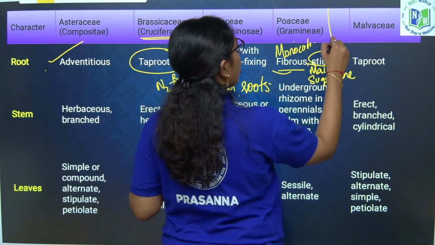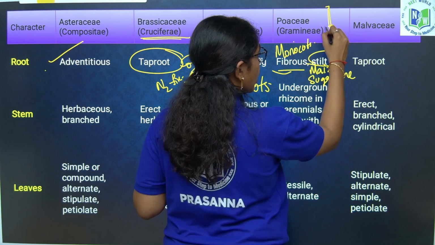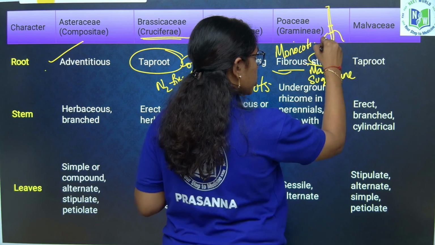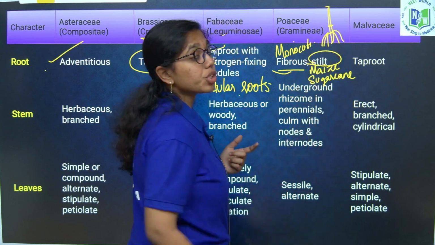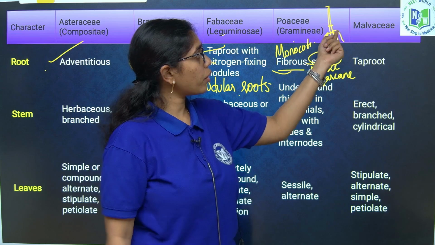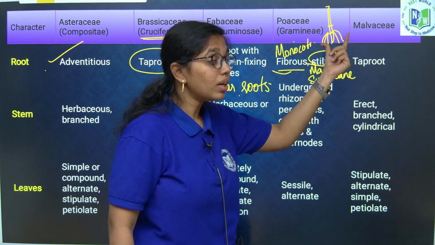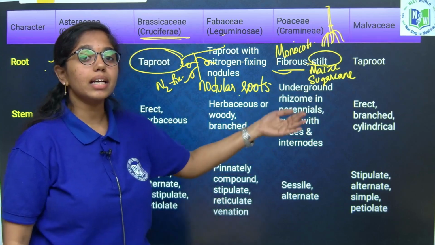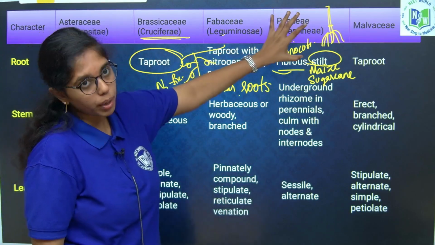Once again, if I recall what are stilt roots, from the stem, the lower nodal regions of the stem will possess roots which are going towards the ground to give additional mechanical support to the stem. Okay. Roots arise from the lower nodal regions of the stem and they grow towards the ground. This provides additional mechanical support to the stem. This is with respect to root system of Poaceae family.